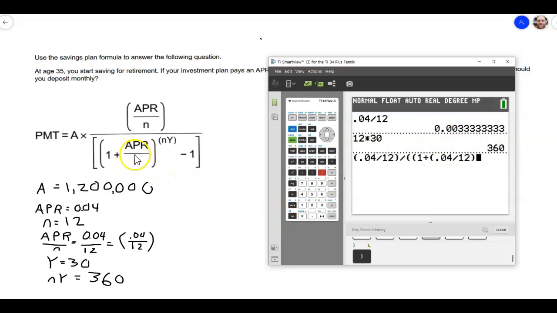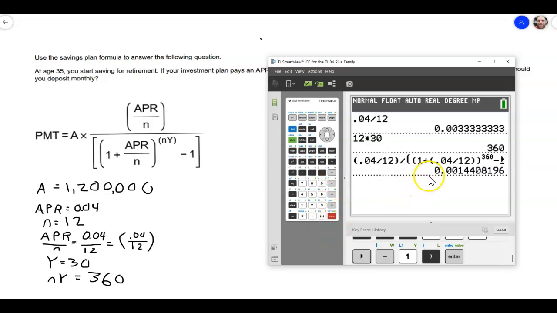Then I need to close the parentheses there, raised to the 360, minus 1, and then we need that last closed parentheses.